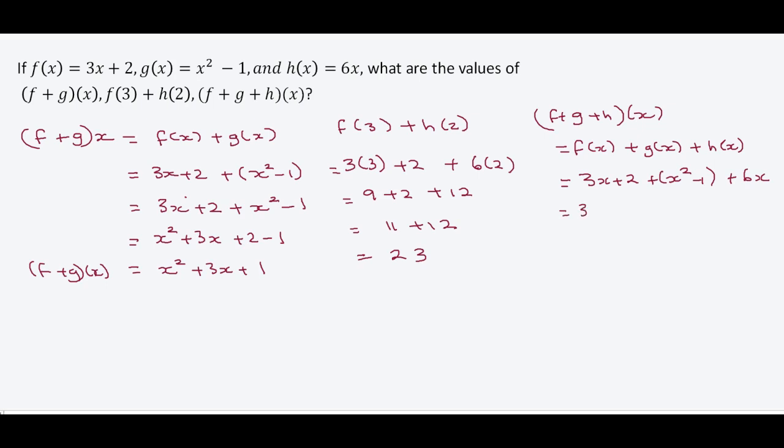So now let's group common terms together. We have x squared plus 3x plus 6x plus 2 minus 1, and that is going to give us x squared plus 9x plus 1.